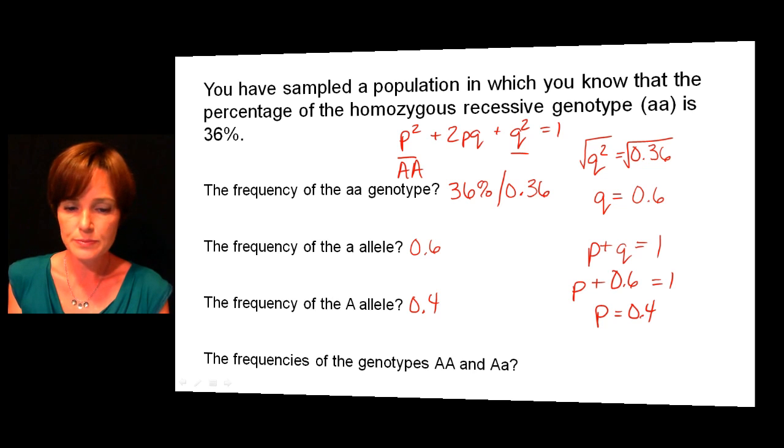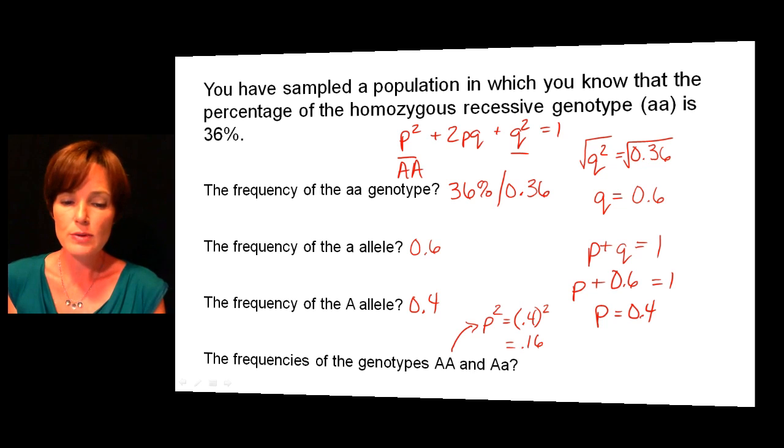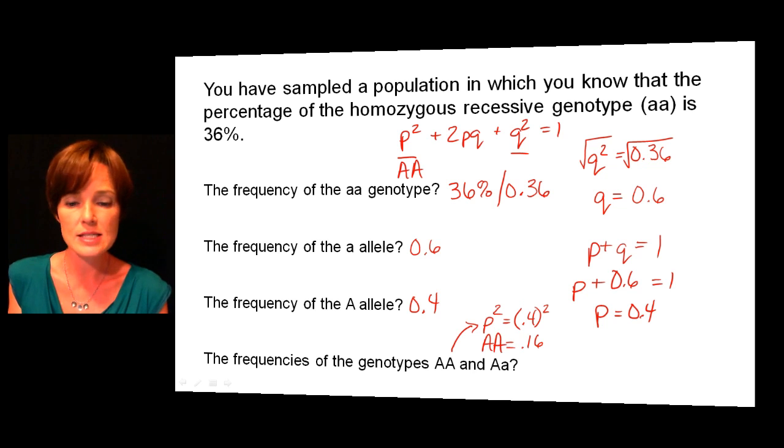Keep in mind that P is 0.4, so we're going to take 0.4 squared, and that's going to be equal to 0.16. So the frequency of big A is 0.16.